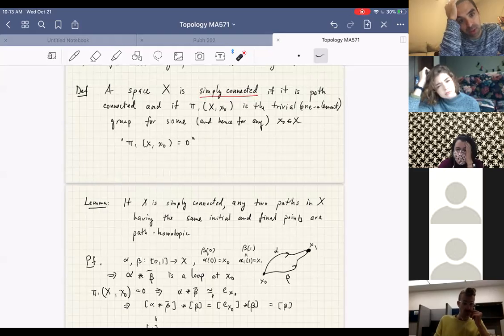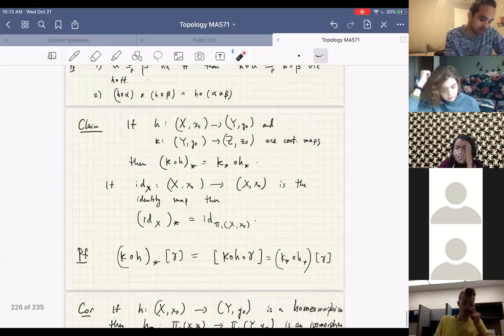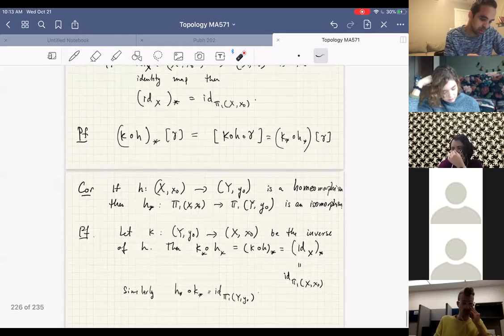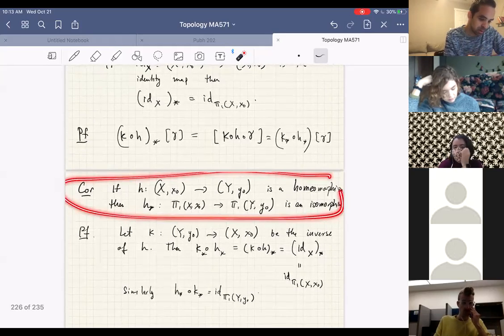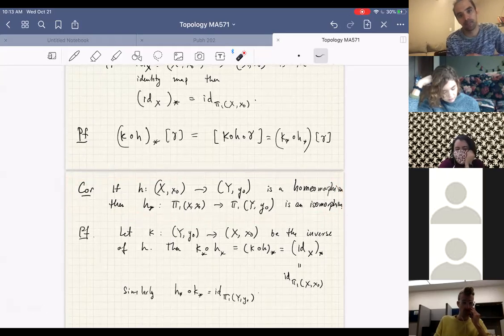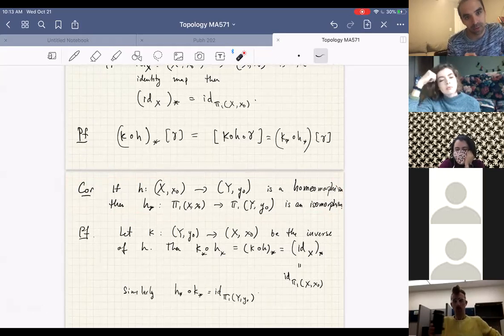No, homeomorphic spaces have isomorphic fundamental groups. Well, then it's like the homotopy equivalence, right? The weaker one. No, not yet. Okay. Two homotopy equivalent spaces will have isomorphic fundamental groups as well.